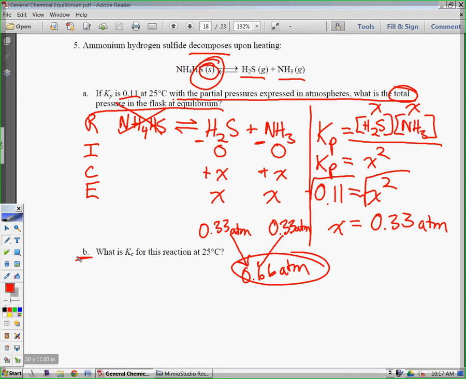We can write down the equation where we can convert between Kp and Kc. All right, and in this case, delta N, we're talking about the change in moles of gas. And so the change in moles of gas, we had no gas before, we have 2 moles of gas afterwards because we have the two products, remember? So delta N is going to be 2 this time. We know what R and T are equal to.